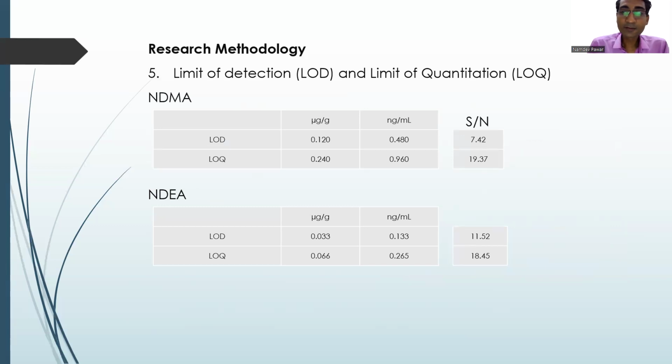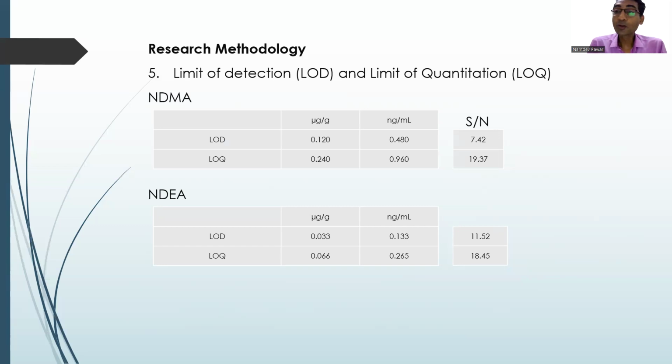Here are the results of limit of detection and limit of quantification. It is calculated on the basis of signal to noise ratio. Signal to noise ratio should be more than 3 at LOD level and more than 10 at LOQ level.